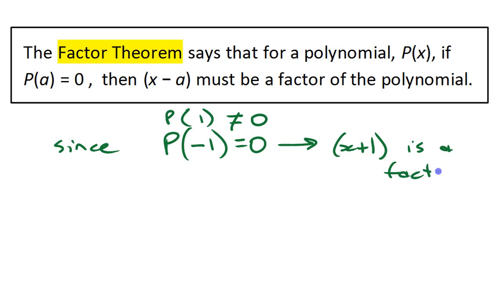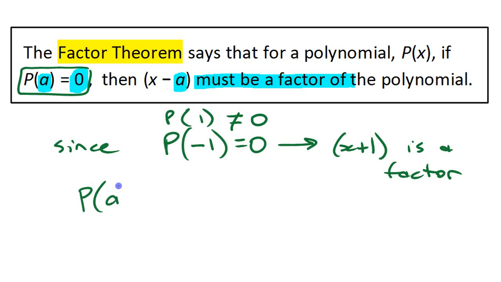Now that's what the factor theorem says. It says if you sub in a value a, and get 0, then x minus a has to be a factor of that polynomial. It's a special case of the remainder theorem. The remainder theorem said if you sub a number in, you get the remainder for when you're dividing by x minus a.